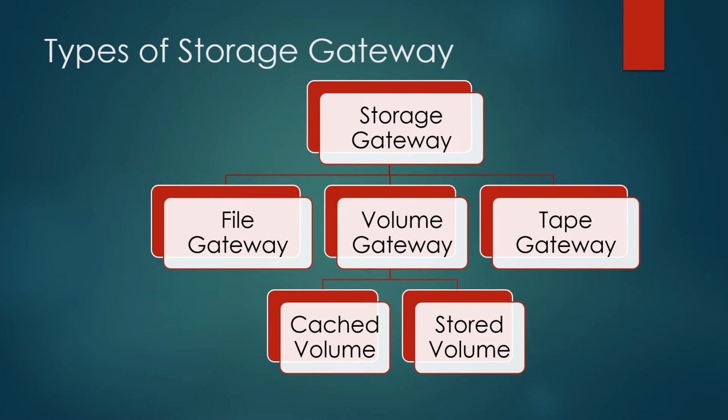And this understanding is also useful when you are writing the AWS certification exam, because you might get a question with different options that have different storage gateways. So you have to select which one is suitable for the particular scenario mentioned in the question.